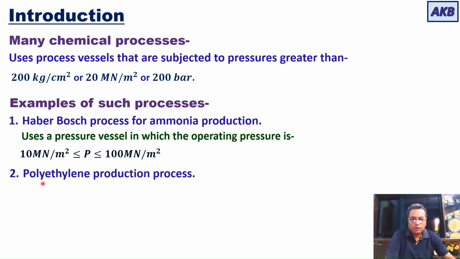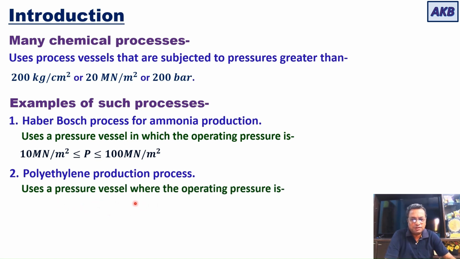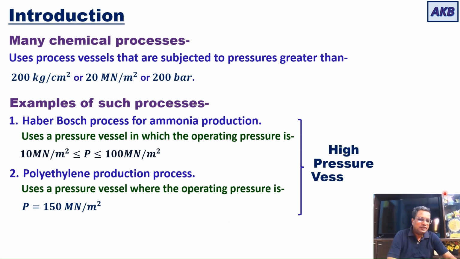Then you have the polyethylene production process, which uses a process vessel or pressure vessel where the operating pressure is 150 meganewton per meter square. Again, here you cannot use the Indian standard 2825-1969. All these are high pressure vessels, and we are going to learn how to design such high pressure vessels in our discussion.